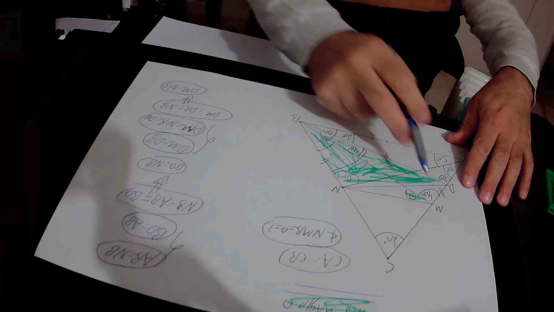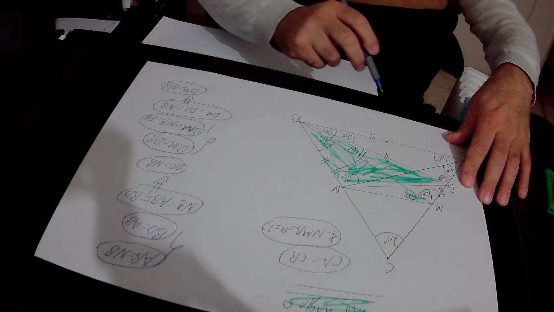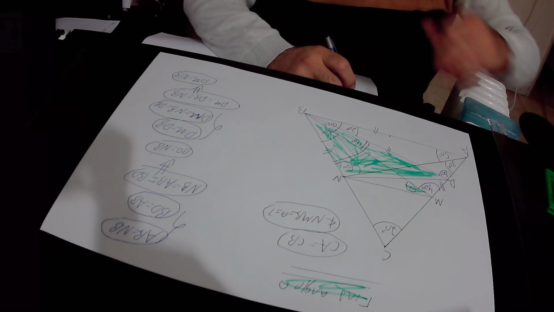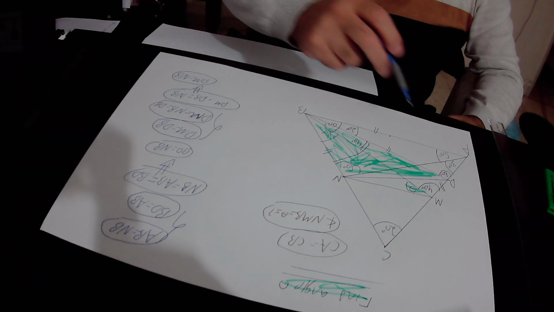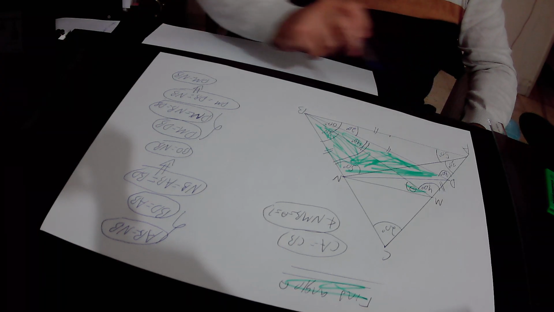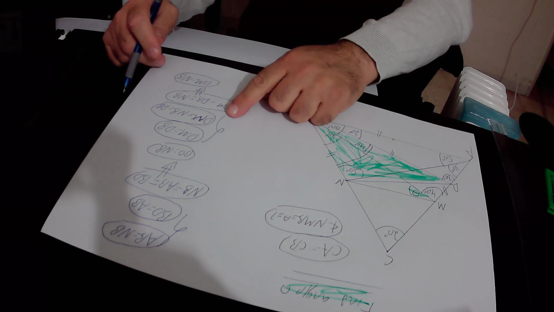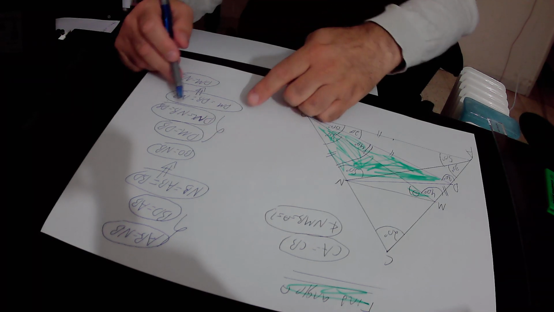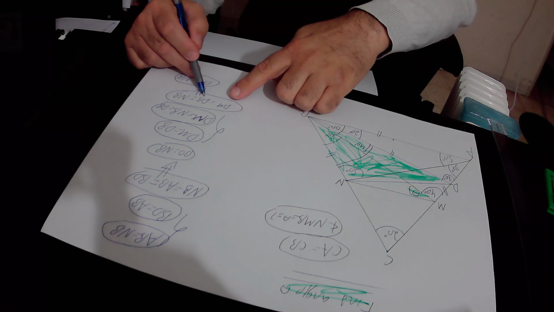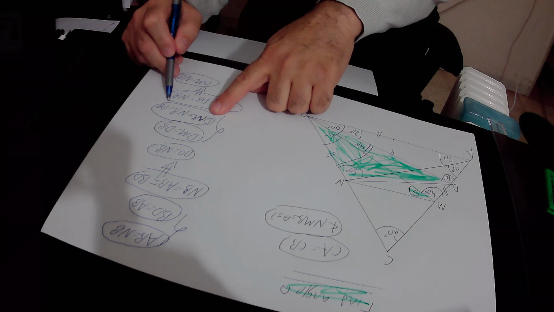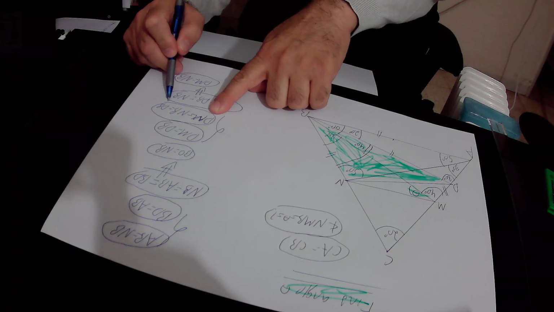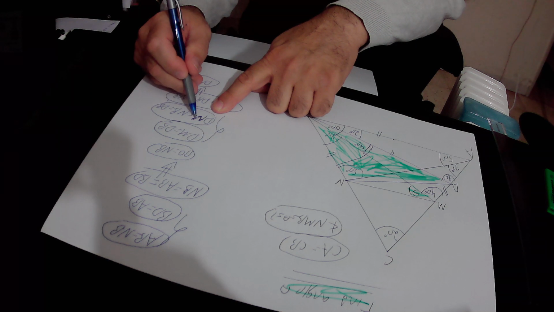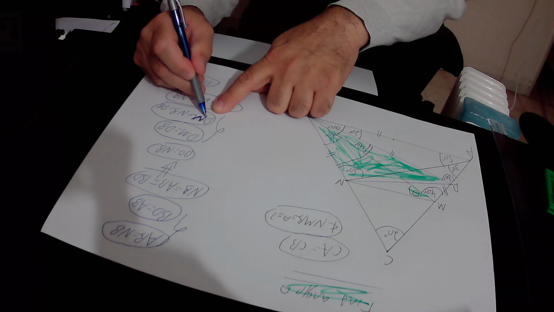Again, from this equation we derive that DM equals DB, and from this equation we derive that DB equals DN. I was confused with this letter, it is DN actually.